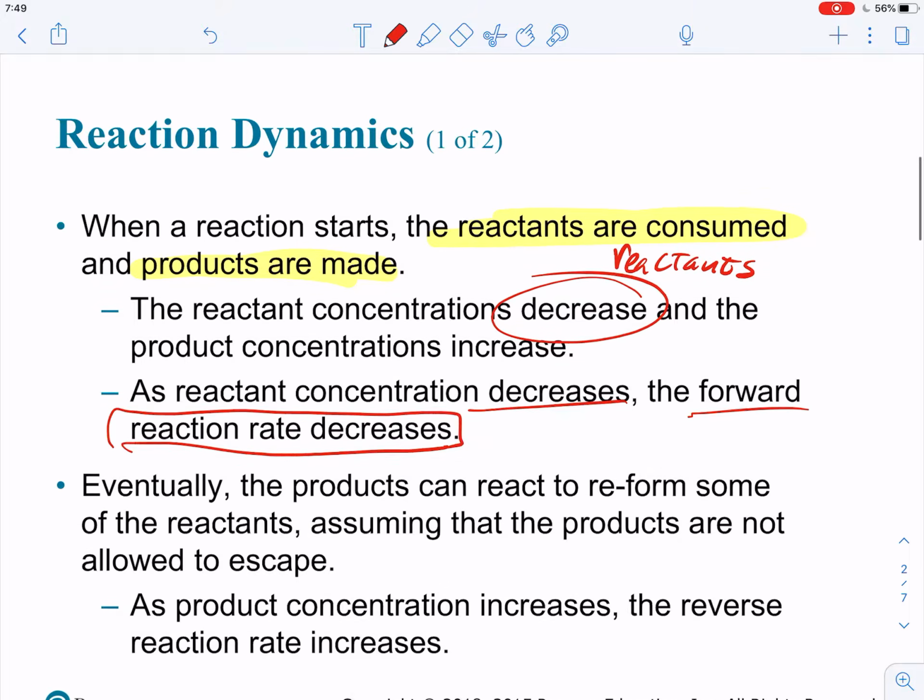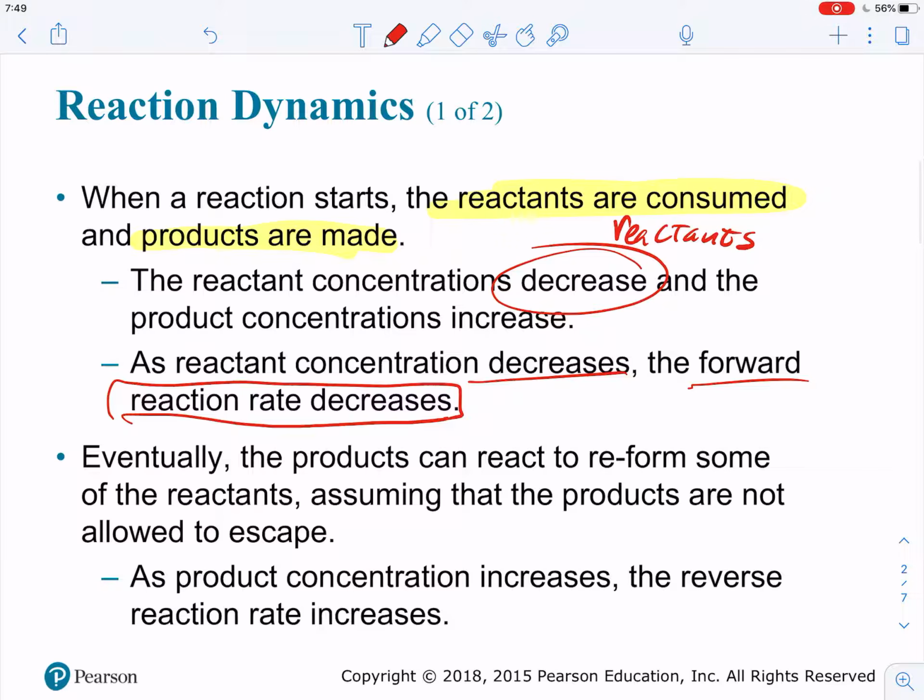Now, this doesn't happen for every single reaction, but on certain occasions the products have the opportunity to combine together and regenerate the reactants. Okay, so as you start producing products, they might react back to regenerate the reactants.